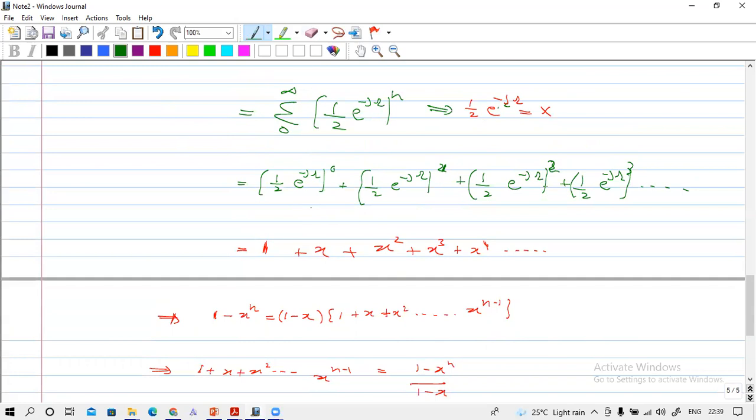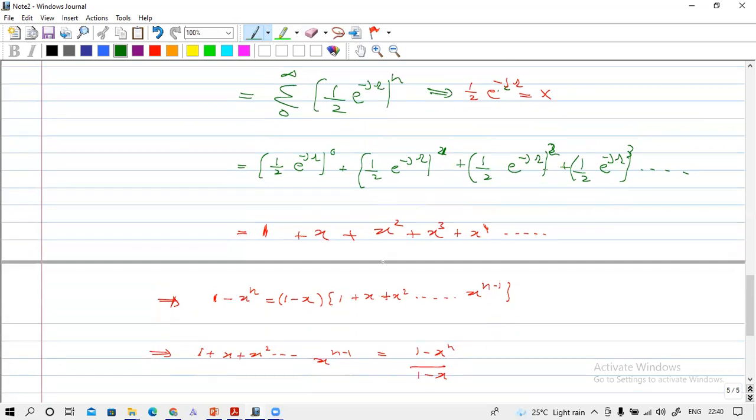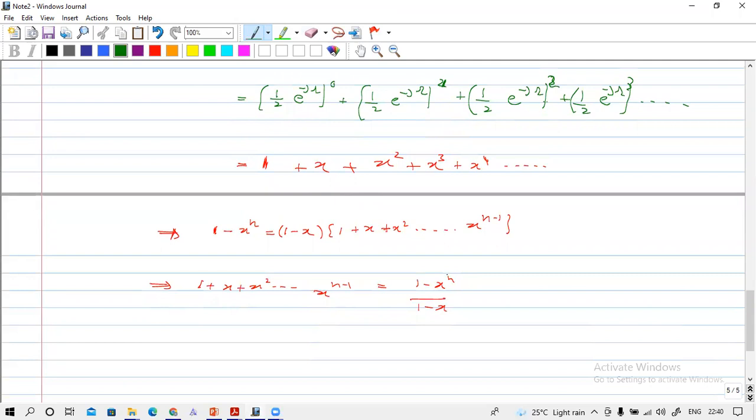So this n is up to infinity, so infinity plus 1 actually. So again we have infinity, that means x^n up to infinity. So you have x^infinity over 1 minus x, this kind of function.